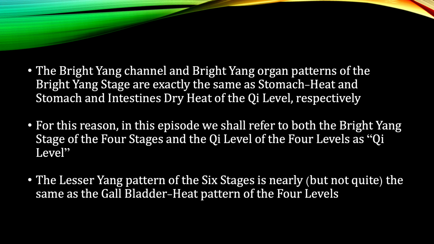For this reason, in this episode, we shall refer to both the bright yang stage of the 6 stages and the qi level of the 4 levels as qi level. The lesser yang pattern of the 6 stages is nearly, but not quite, the same as the gallbladder heat pattern of the 4 levels.